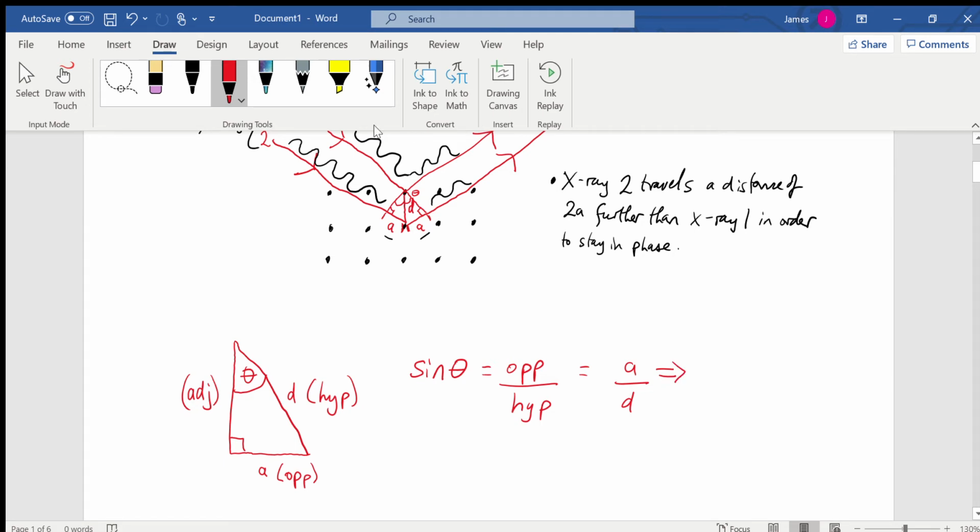This implies, if I bring d up to the other side, that d sine theta is equal to our distance a. Well, I didn't just travel a further, I traveled 2a. So if a is d sine theta, therefore twice a is twice d sine theta.